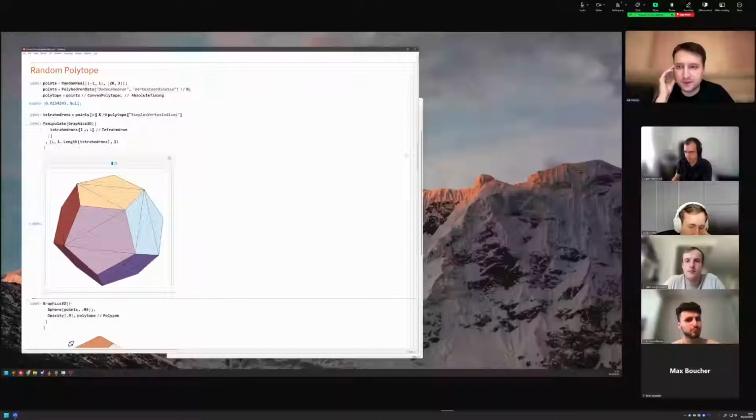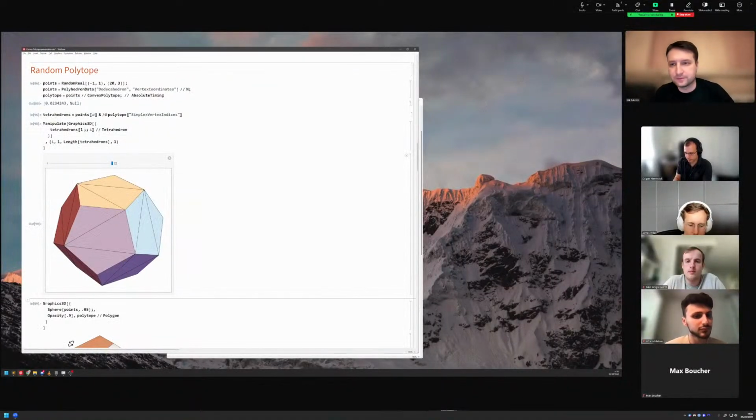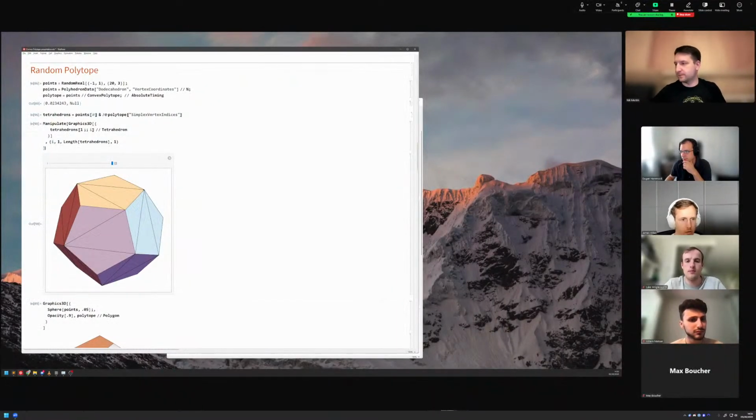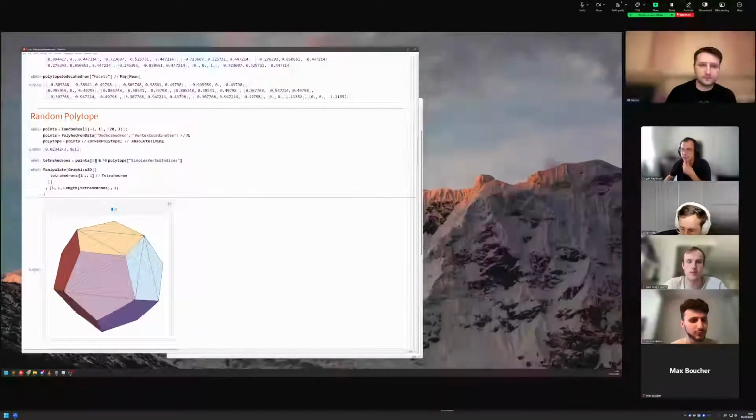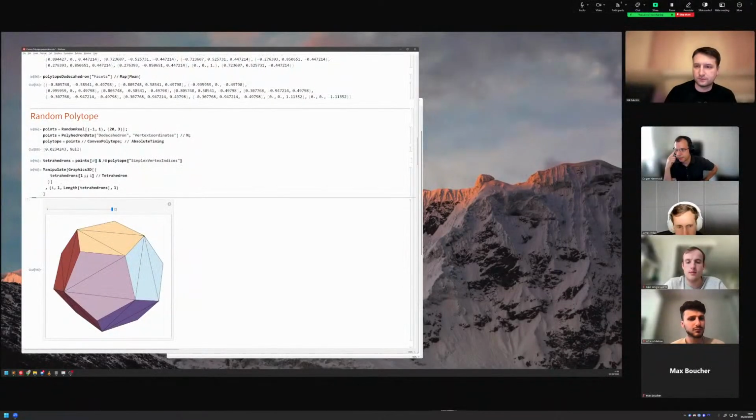Or at least you don't have to. Yeah. Generally, I don't really use the simplices, except it's useful if you want to compute the volume of the polytope, because each tetrahedron is easy to compute the volume of as a basic unit, and then you build it up.